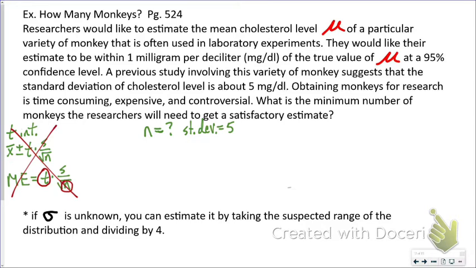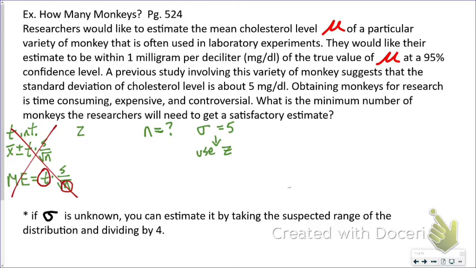We have to assume that that standard deviation of 5 is sigma, which means we use Z. So this is an approximation. This is not precise. Once again, we're using the best of our resources.